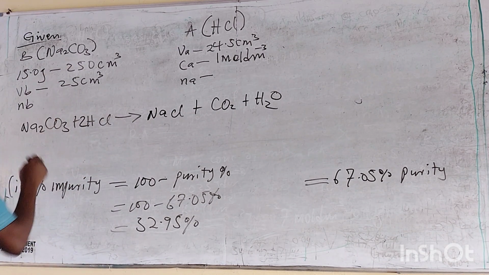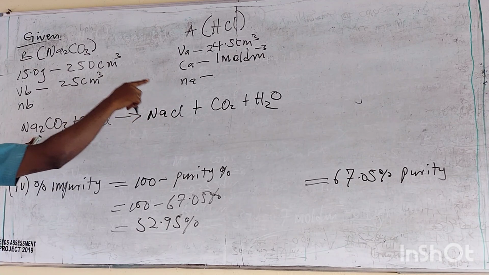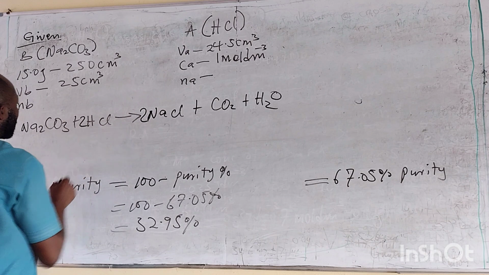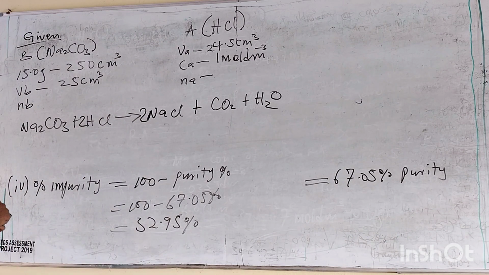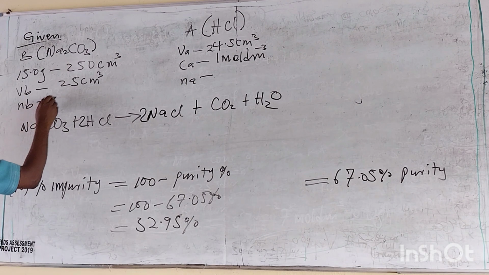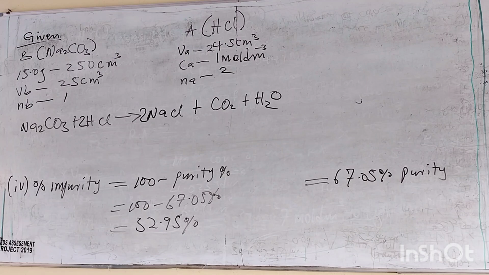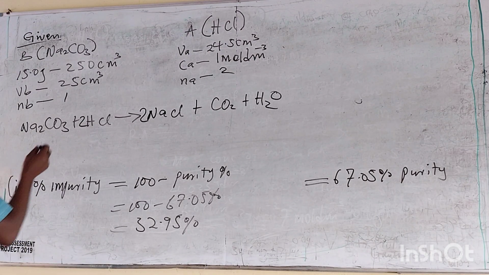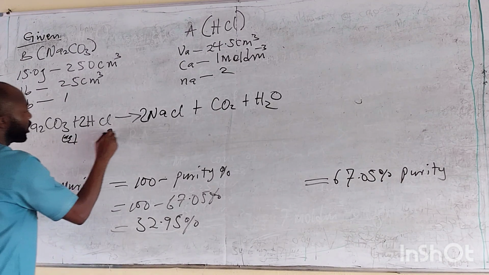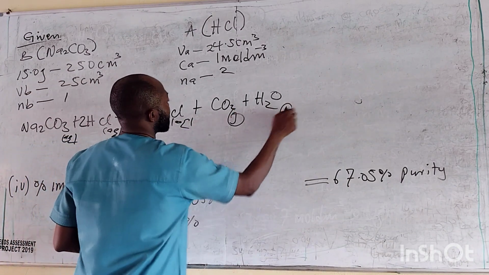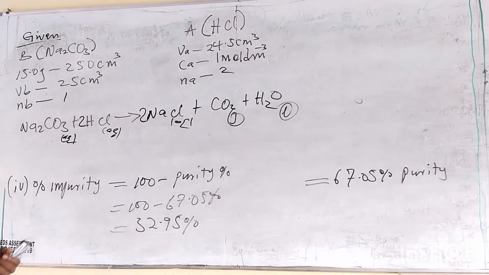If I put 2 here for hydrogen, hydrogen is balanced. And here I have chlorine 2, so I can put 2 here. By so doing, mole ratio of the base is 1. That of the acid is 2. Remember, the states are aqueous, gas, liquid.